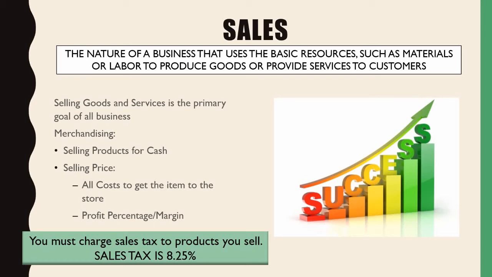On top of that, our selling price includes some kind of profit percentage. It could be 40%, 100%. If I buy an item for $1 and sell it for $5, that's a 400% profit right there.